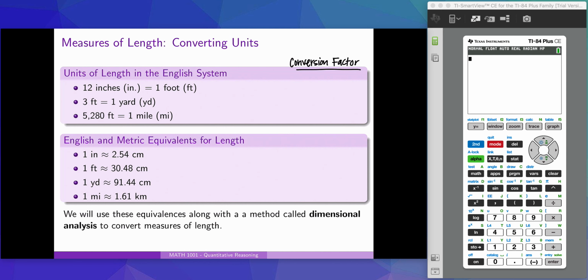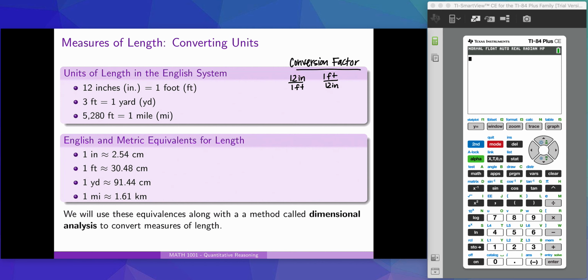So we could think of conversion factors as two things that equal each other, one right on top of the other. So 12 inches over 1 foot is a conversion factor. And so is 1 foot over 12 inches. Because 12 inches is the same thing as 1 foot, and these would cancel out to 1. Same thing here.